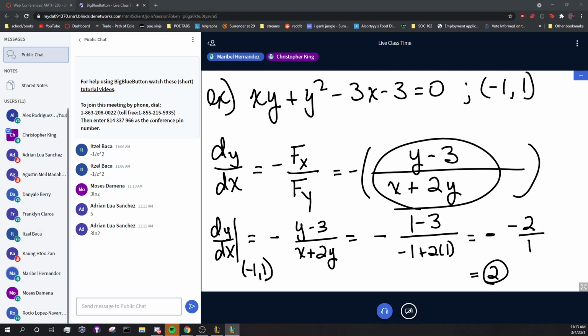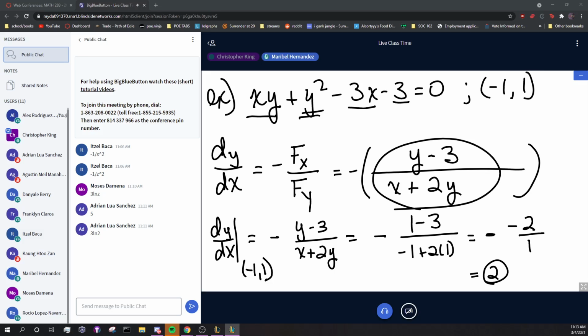What it's doing is that it's saving you all that trouble. I've got to use the product rule here to take the derivative of this, chain rule here, and then this is just a regular rule. This is going to be 0. So I don't have to do all that and then solve for dy/dx, or y prime. Oh, okay.